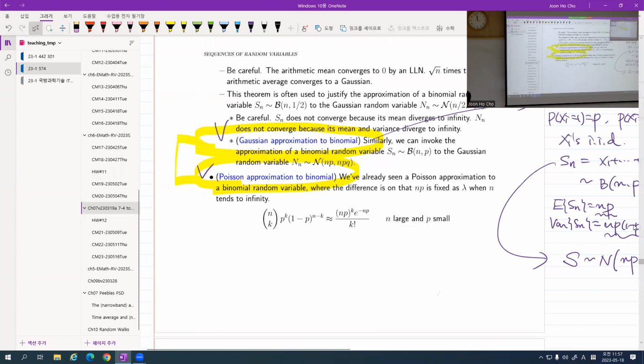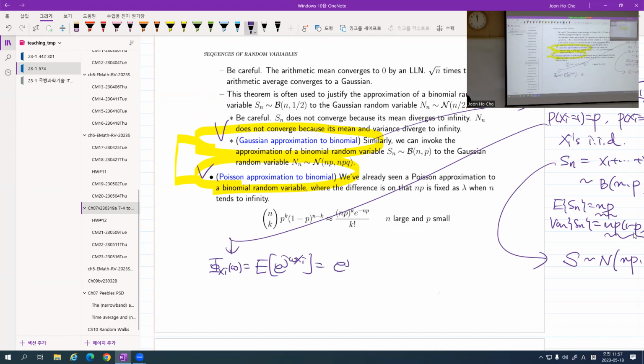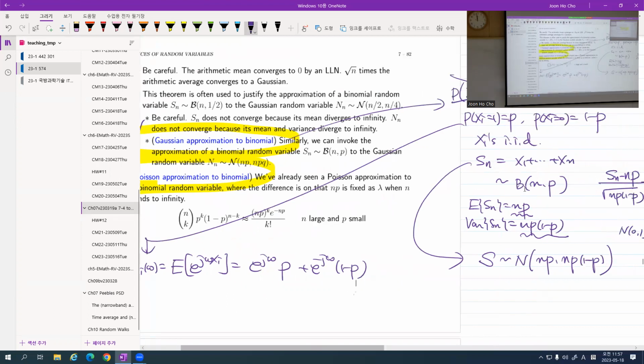So here, let's calculate the characteristic function of xi, which is e to the j omega with probability p and e to the negative j omega with probability 1 minus p. And what about the sum? What is the characteristic function of S sub n?